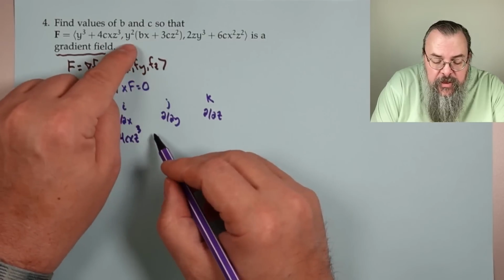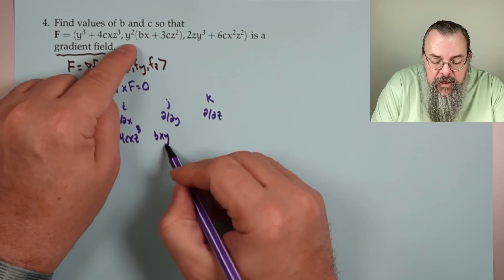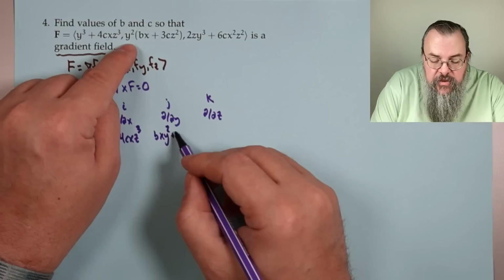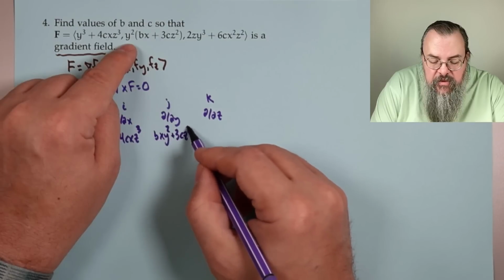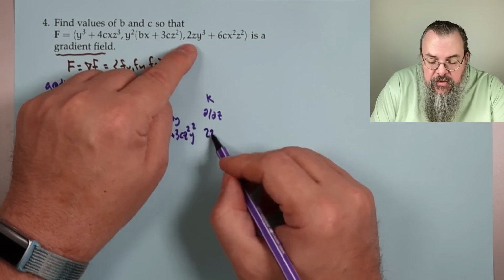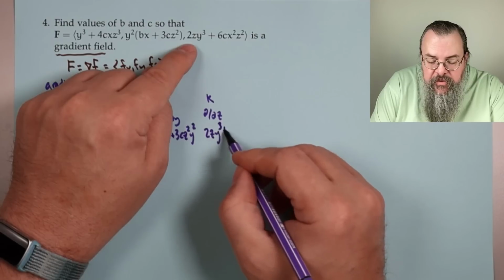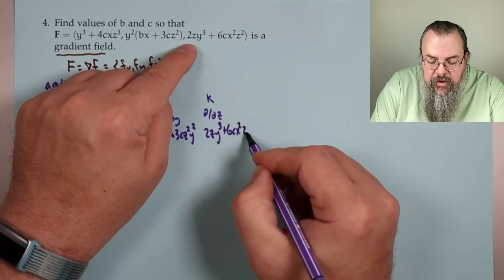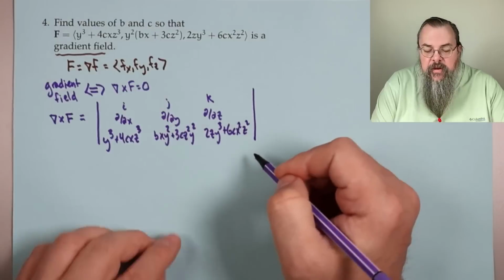I'll distribute through: bxy squared plus 3cz squared y squared, and then our last one, 2zy cubed plus 6cx squared z squared. Good.